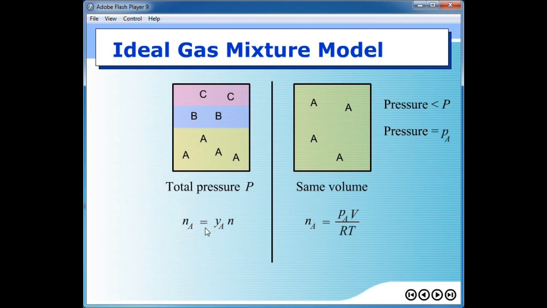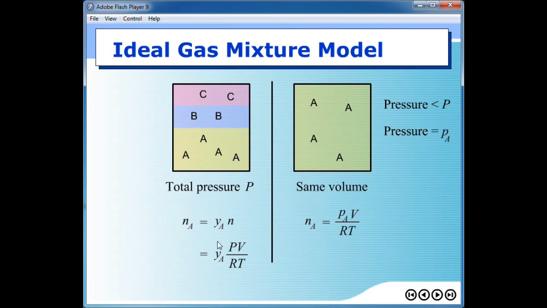All right. So from the definition of mole fraction, nA would equal yA times n, or total number of moles in the left-hand picture. These two are equal, right? I'm sorry, the n here is the total number of moles within this volume if all gases behave like ideal gas. So therefore, we can calculate n by using the ideal gas law, PV over RT.